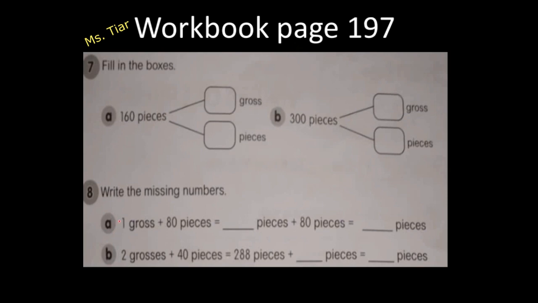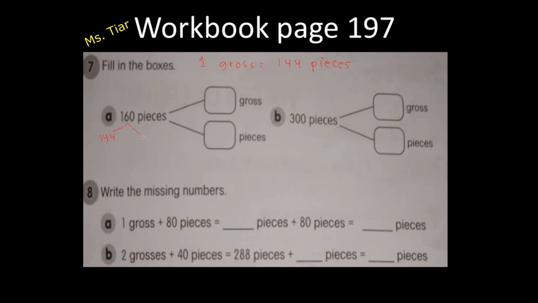The next one, we need to convert from 1 gross to pieces. 1 gross equals 144 pieces. Remember. Okay, now over here we have 160 pieces. Let's break it down first. 144, we put it here.